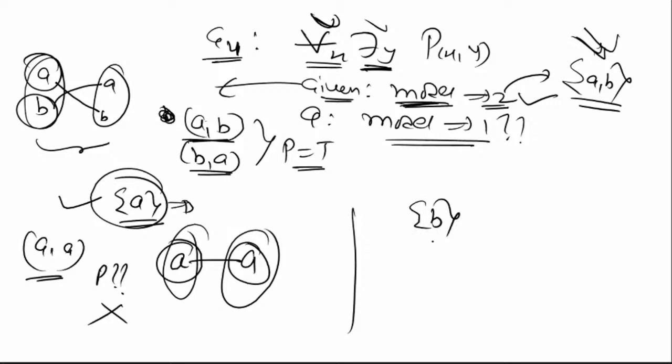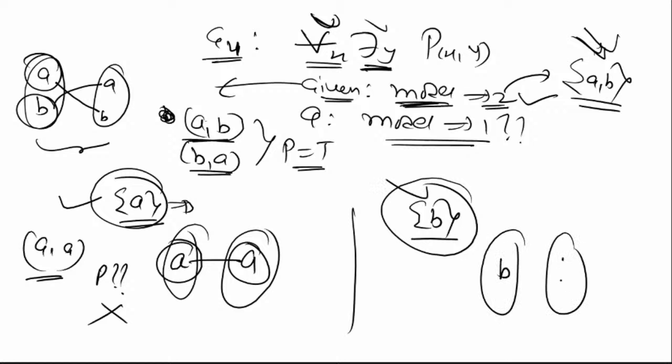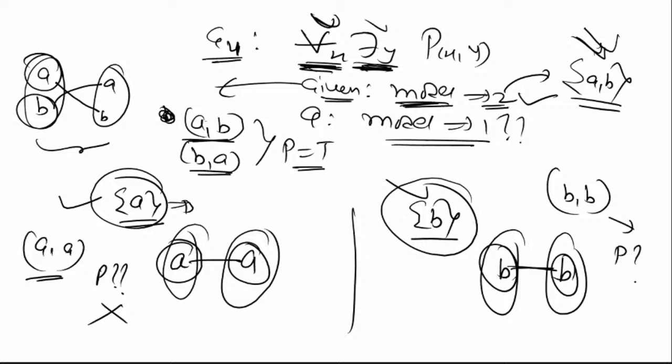Let's take this domain. For this domain, can I guarantee a model? Again, because there is a single element, let's take b here. For all x, I will have to take this b, and there exists y, I have to take this b. For this b comma b, can I guarantee that p will be true? No, I cannot guarantee. You can just check it out.